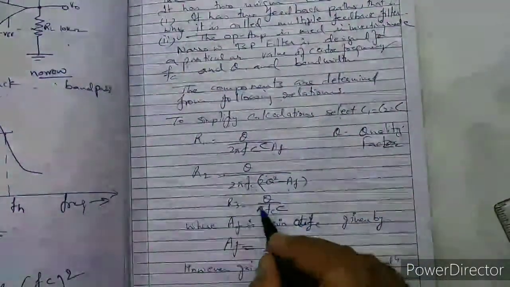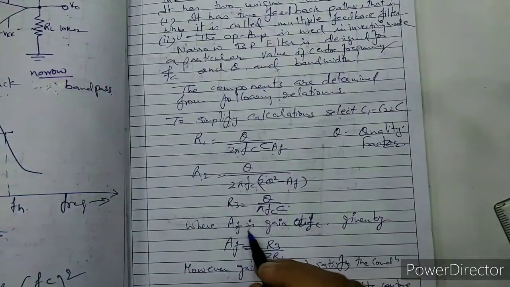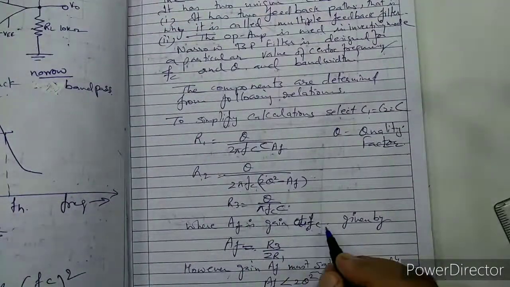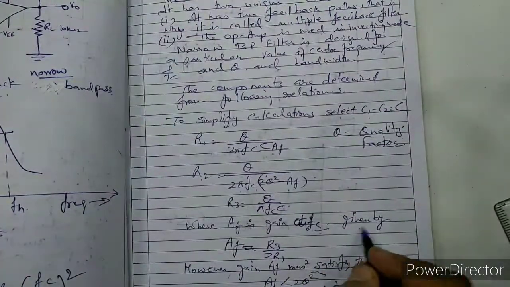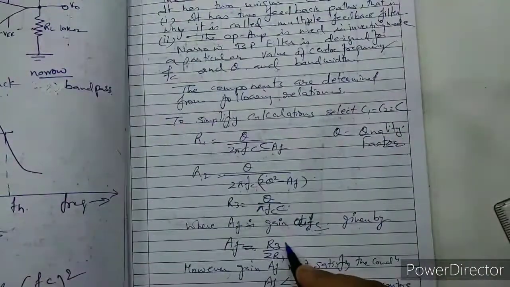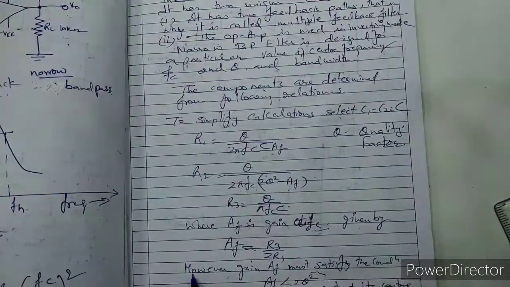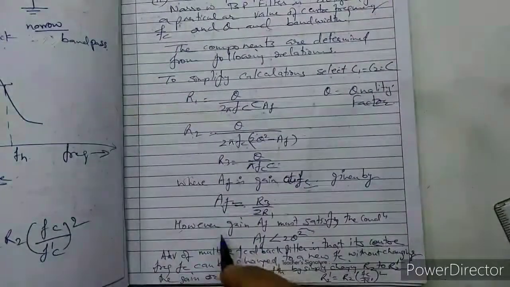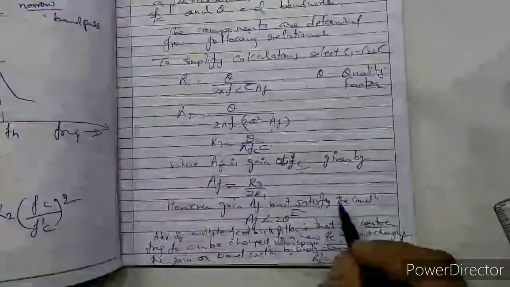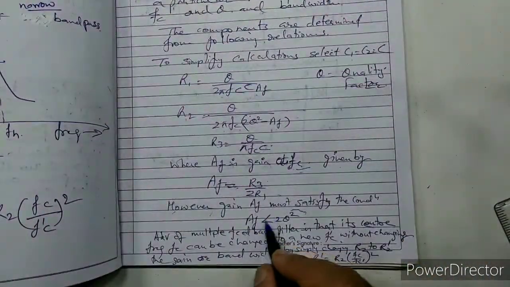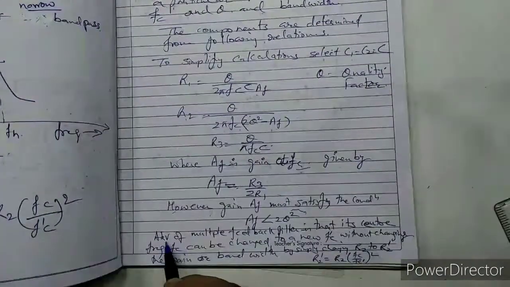R3 is equal to Q upon pi FC into C, where AF is the gain at central frequency FC, given by AF is equal to R3 upon 2R1. However, the gain AF must satisfy the condition that AF should be less than 2Q square.